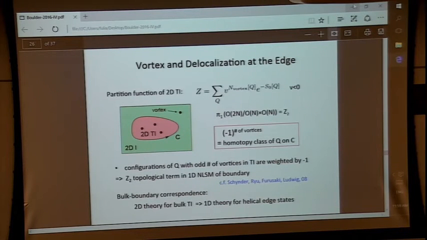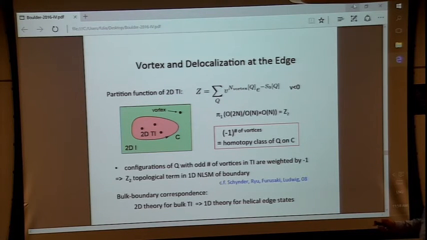All right. So now we can further look at how the sign of the vortex relates to the partition function in an open system. Instead of thinking about a closed system, we can think about an open system.